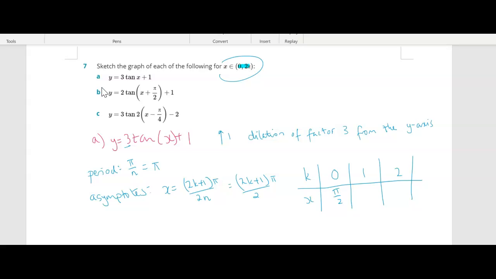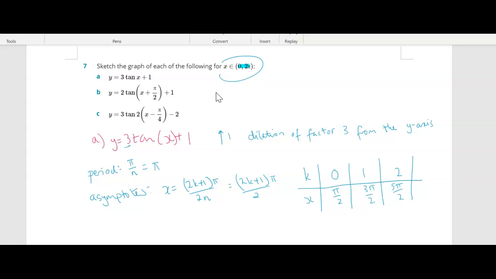And then when k is 1, we're going to have 3 pi on 2. Not 3 pi on 3, 3 pi on 2. And then when k is 2, we're going to have 5 pi on 2. You'll see I'm only supposed to be going from 0 to 2 pi.